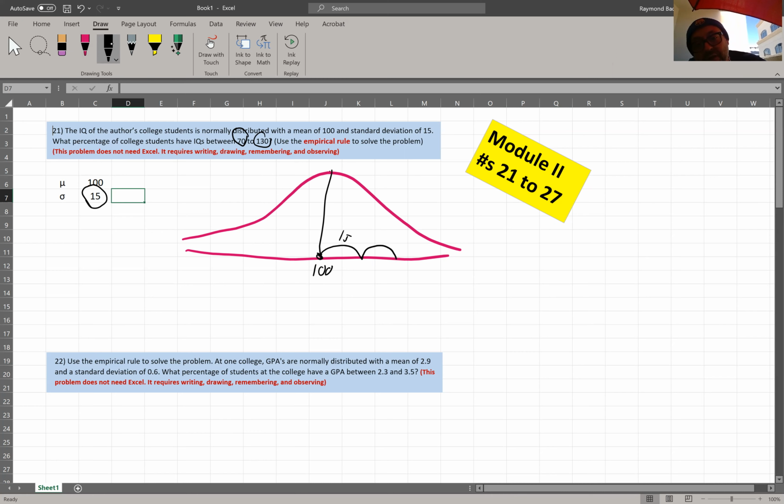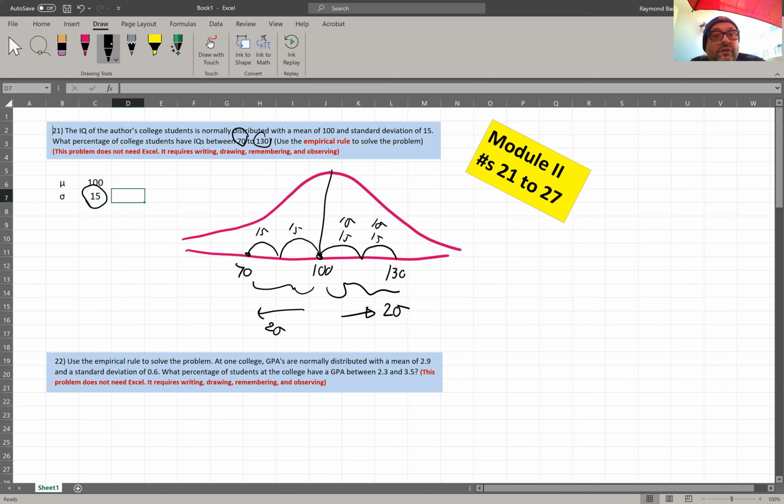If you go 15 and another 15, that'll take 100 to 130. And if you go two 15s to the left, and each 15 happens to be one standard deviation, then you've gone two standard deviations to the right, and two standard deviations to the left, which brings you to 70.